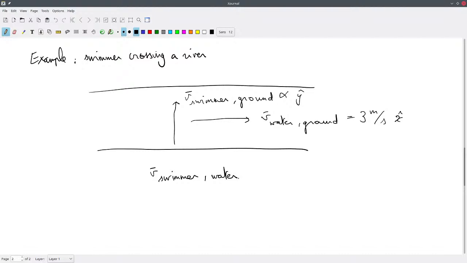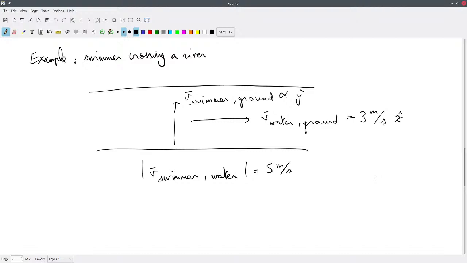We'll assume that we know that this is 5 meters per second. So this is a pretty good swimmer. A swimmer who can swim 5 meters per second, well, yeah, this isn't the number that is picked for being physically relevant. This is a number that is picked for being mathematically easy.